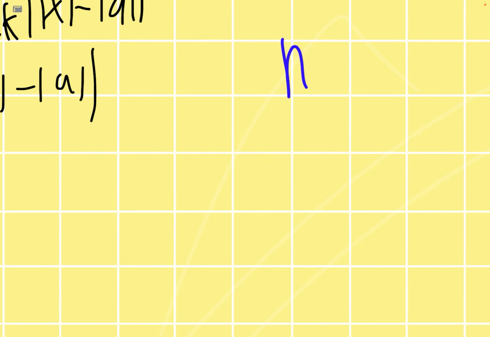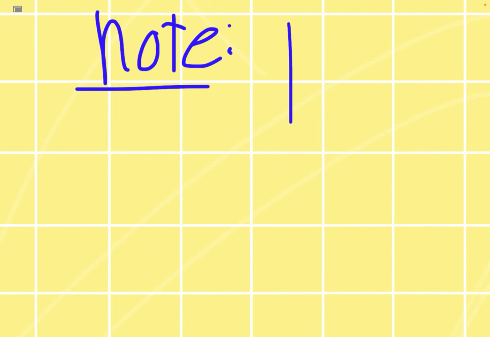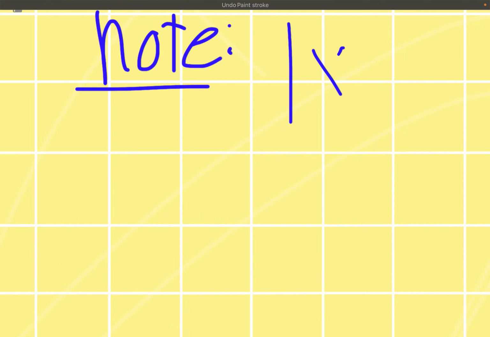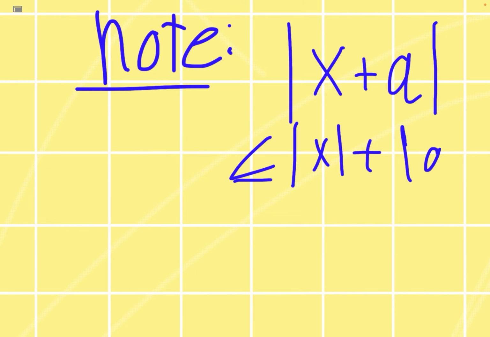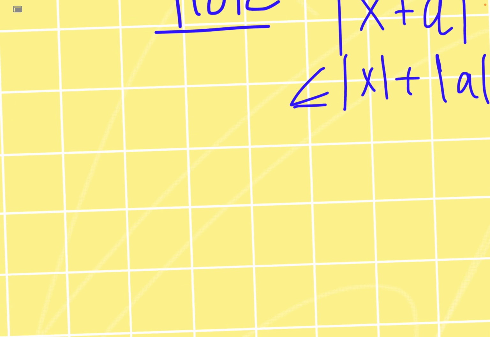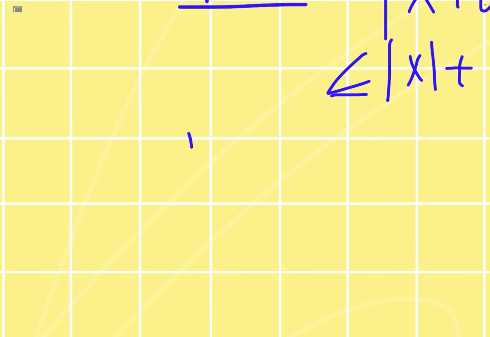So I'll make a note. If we have the absolute value of x plus a, this is less than or equal to the absolute value of x plus the absolute value of a.